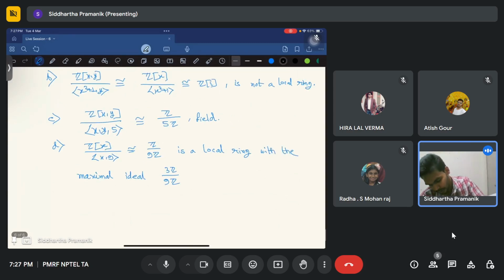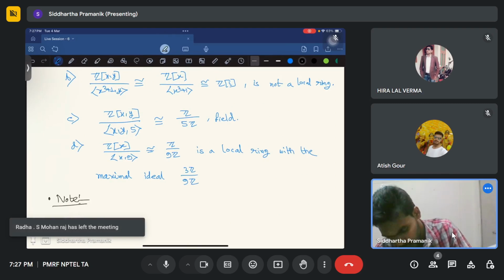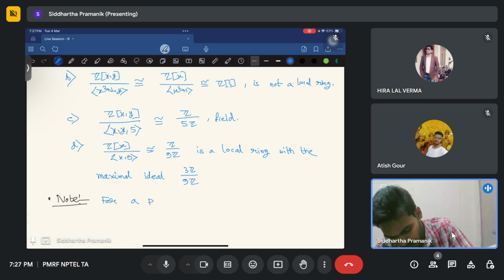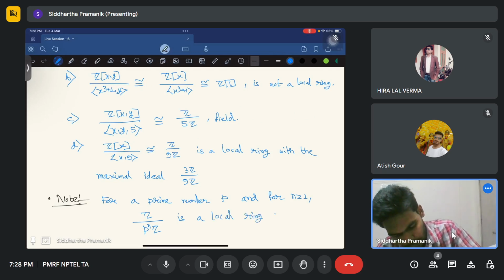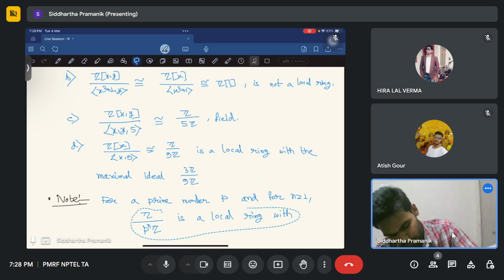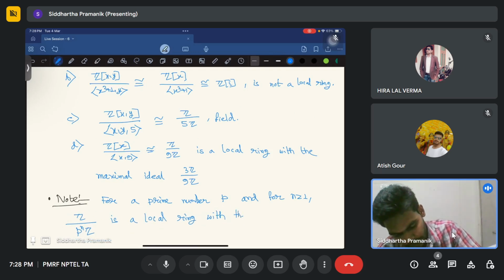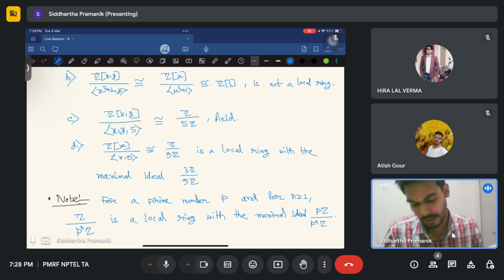Let me write this as a remark. For a prime number p and for a positive integer n, the ring Z mod p^n Z is a local ring with the maximal ideal pZ mod p^n Z. You can verify this in the same way.